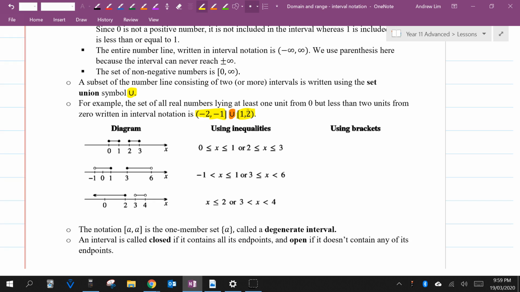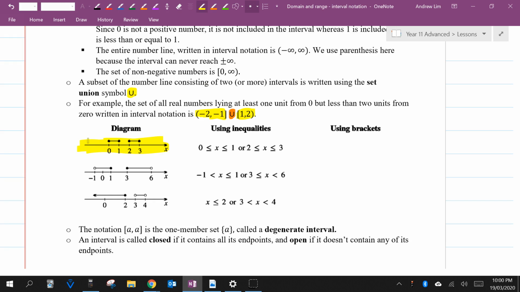Okay, so let's have a look at these examples here. We're pretty familiar with these inequality graphs. When there's a closed circle, it includes that number, but when it's an open circle, it doesn't include it.